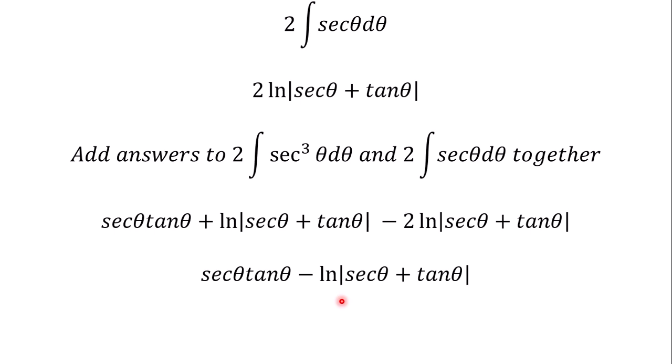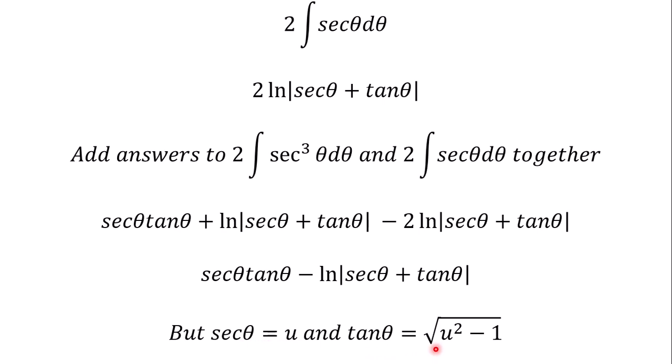And going back to the u world, we know that secant theta is equal to u, and tan theta is equal to square root of u squared minus 1, from the right angle triangle. I'm not having that right angle triangle here. That is why I decided to write it down for you guys so that, if you have forgotten, you can see how I am getting my answers.